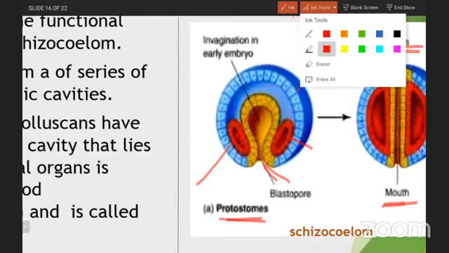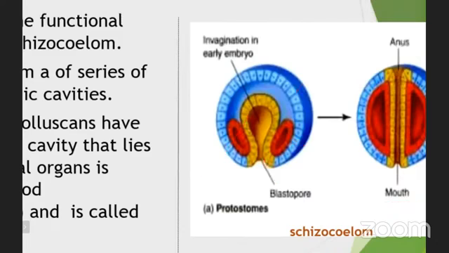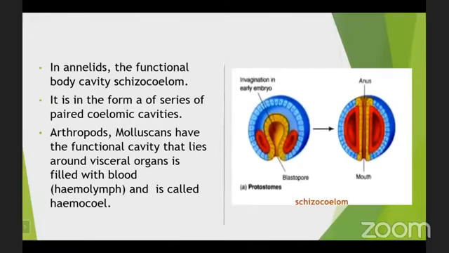Now coming to the points. In annelids, the functional body cavity is the schizocoelom. It is in the form of a series of paired coelomic cavities. Just now we observed this.